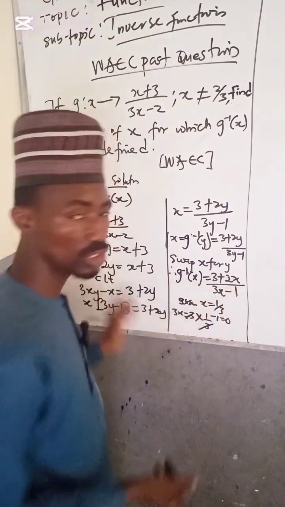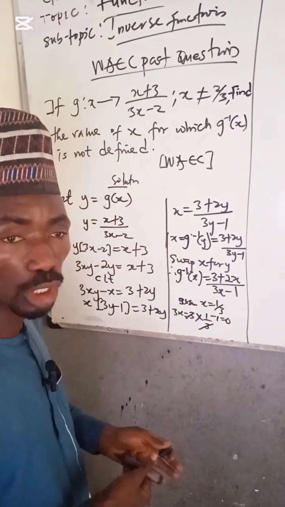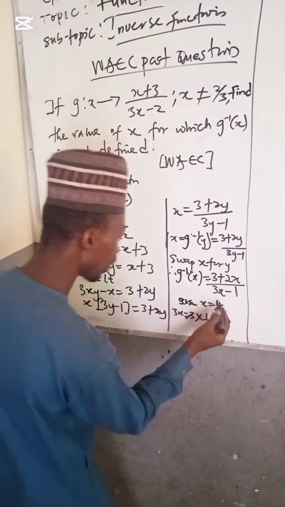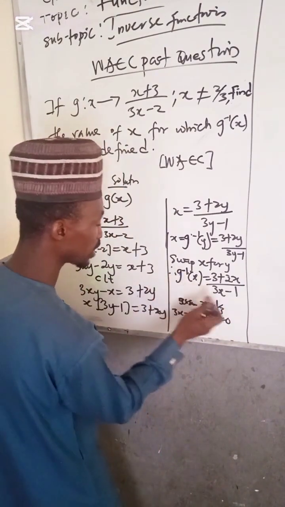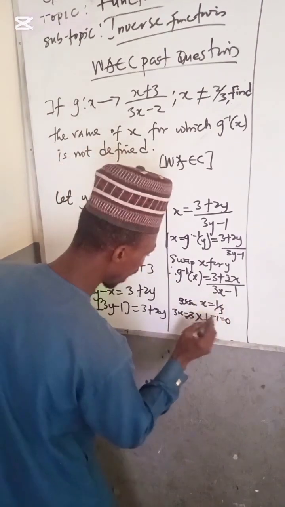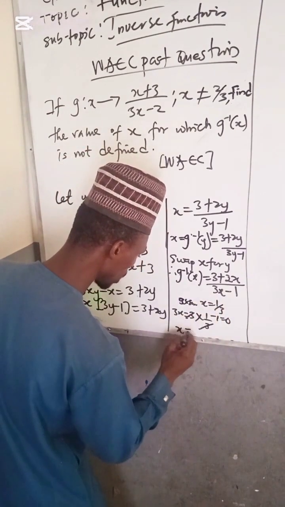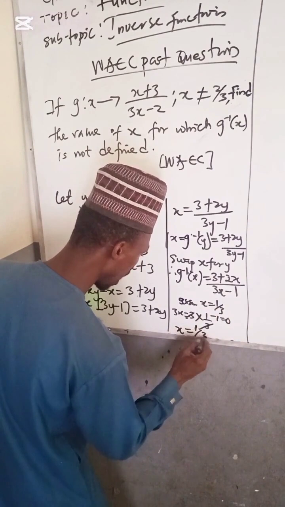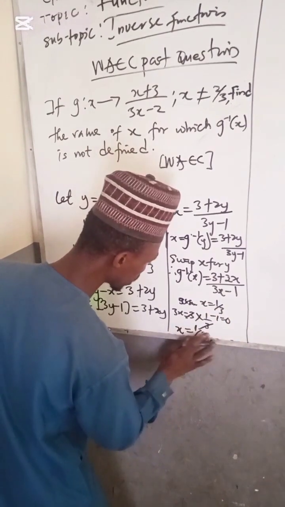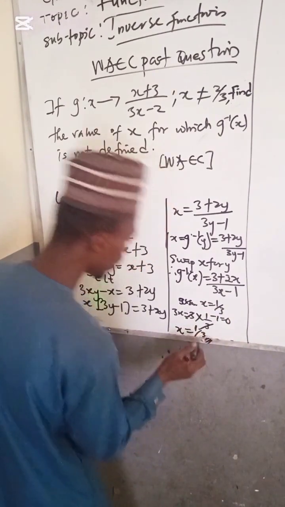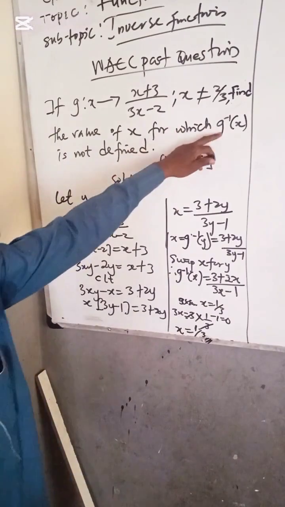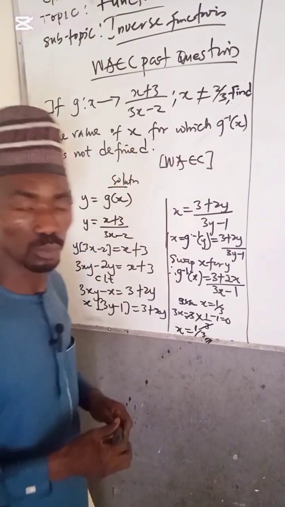And when the denominator is 0, a function becomes undefined. Therefore, we say the value of x that will make this undefined is x equals 1 over 3. That is the value of x that can make this function undefined.